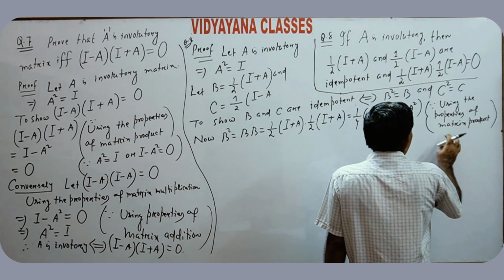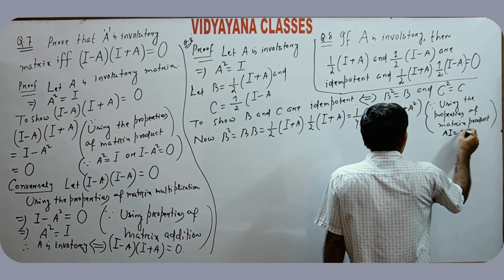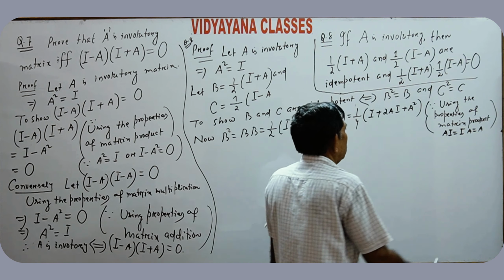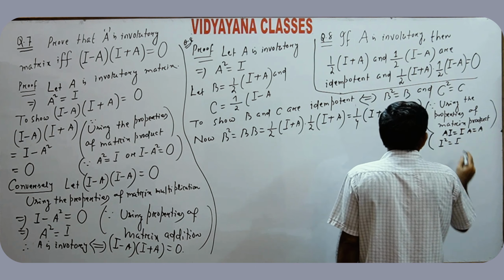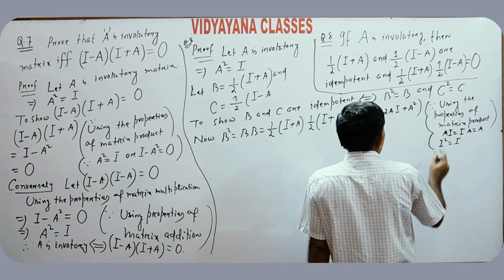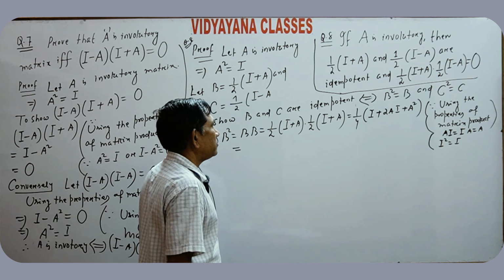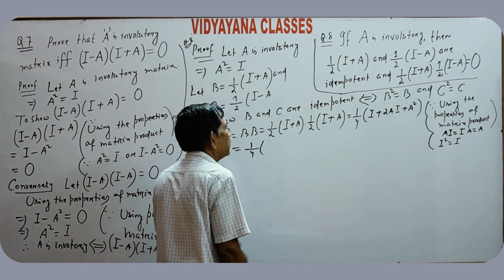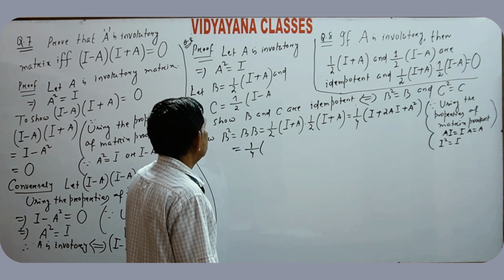Also, AI is equal to IA is equal to A, and I square is equal to I. Using the properties of matrix multiplication, it gives this result, which is the same as 1 by 4 into A square.